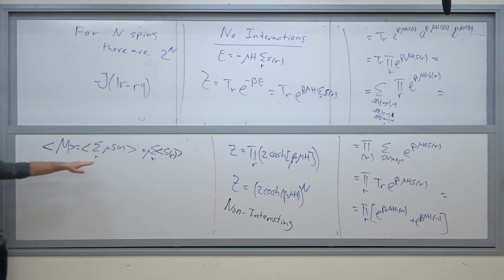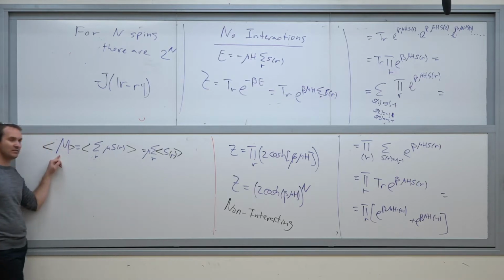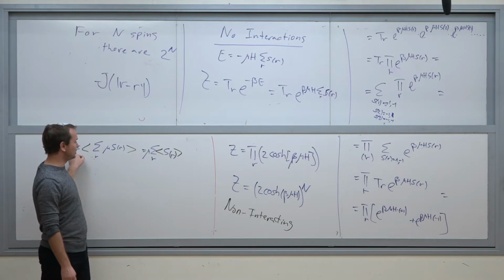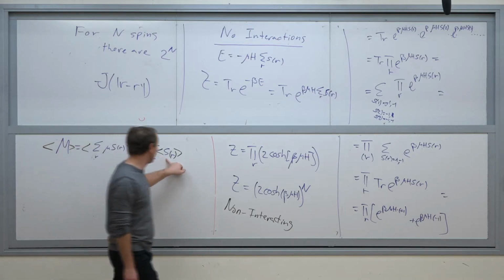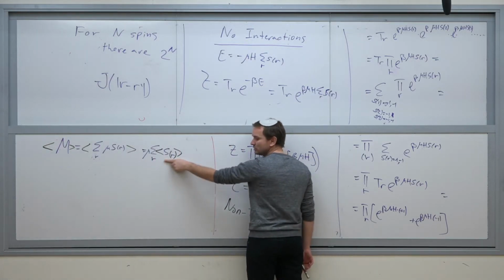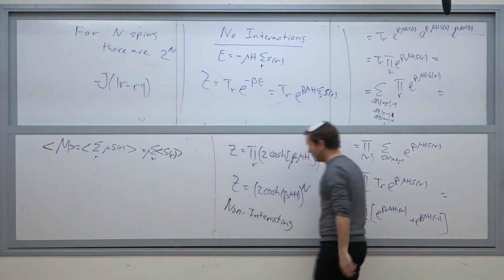So what I need to compute, this is my observable, the average M, which is just the sum of the averages of all different particles, or different spins.